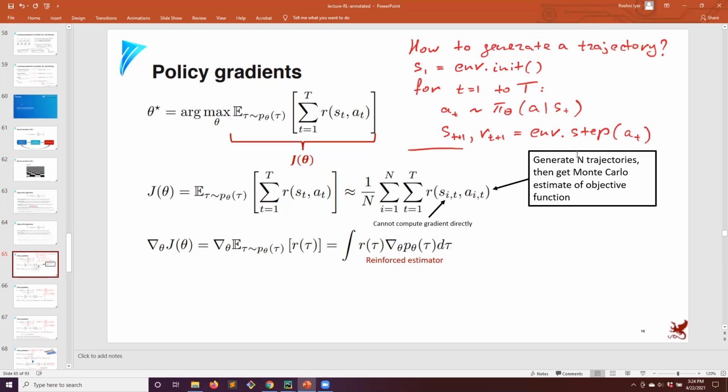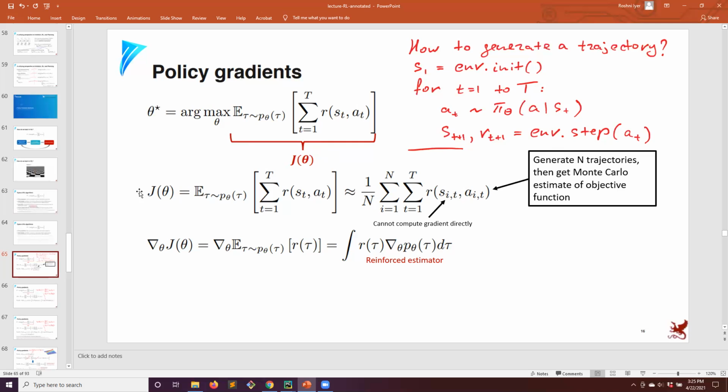Say we generate n trajectories, then we can get this Monte Carlo estimate of this objective function, because here it's an expectation, but here we can sample. So there are again n trajectories here.